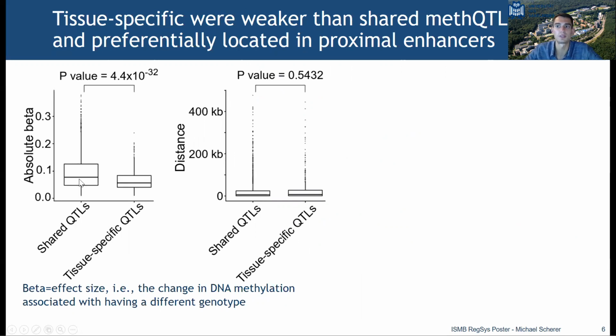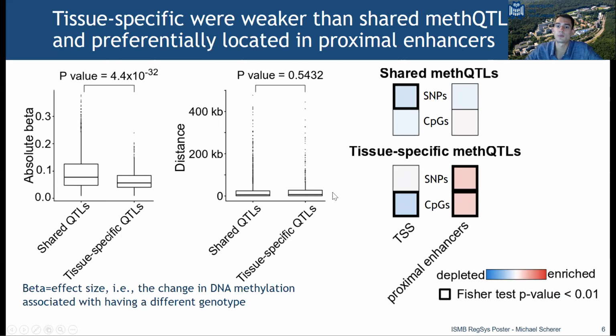So the effect on the DNA methylation state is stronger, which we can measure using the effect size, while the distance between the CpG and the SNP is not different in the two classes of QTLs. We also asked whether these tissue-specific or shared QTLs are located in particular parts of the genome, and found that the tissue-specific methQTLs are preferentially located in proximal enhancer elements.